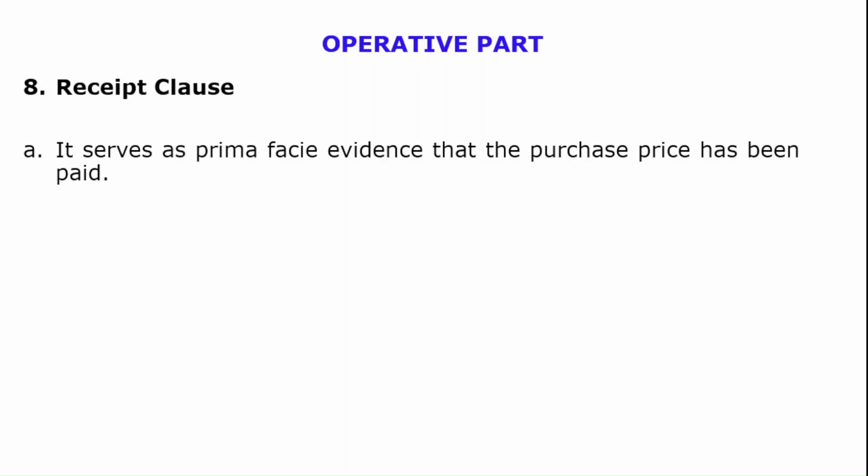But when you include the receipt clause, you are showing that he has paid, I have received it. So it serves as prima facie evidence that that purchase price of 400 million naira has been paid. You are confirming that you have received that payment of 400 million naira from Chief Adeola. So Jumoke Kehinde is confirming that by including a receipt clause.